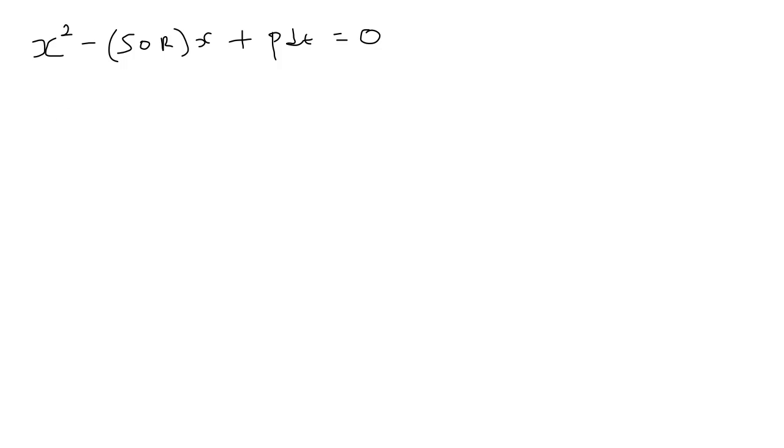So if our roots are known, like in this case, our roots were given as -1 minus i, and then the other root is -1 plus i. These are the two roots.